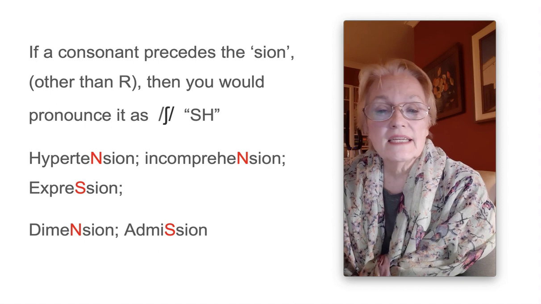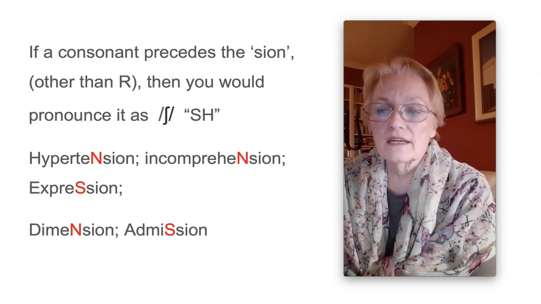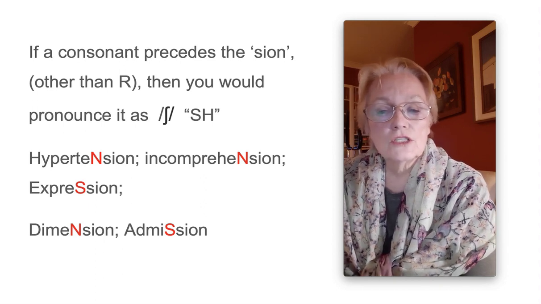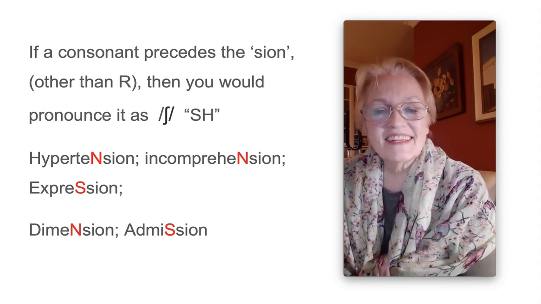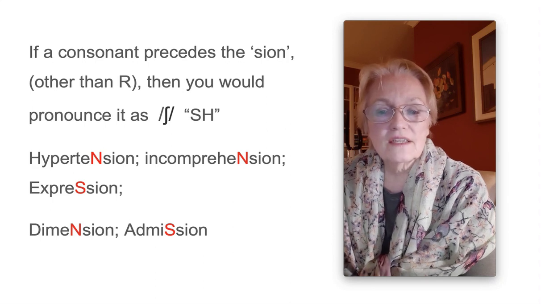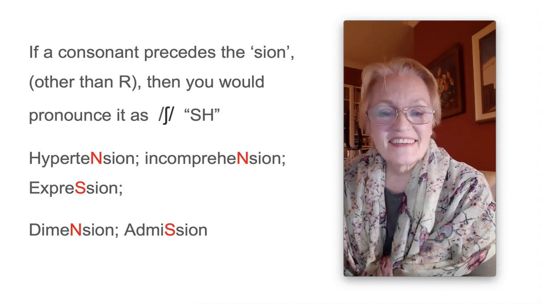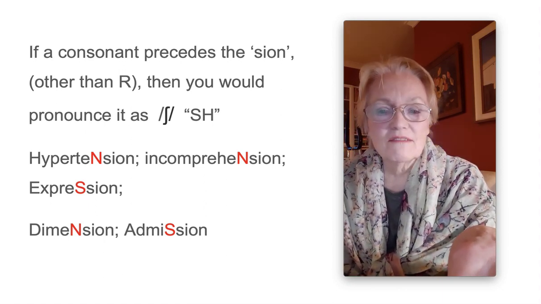Okay, so hypertension, incomprehension, expression, dimension, admission. Okay, so that's the exception when you use the sh sound, is when there's a consonant before the S. Okay, good. Okay, are you confused? Never mind.